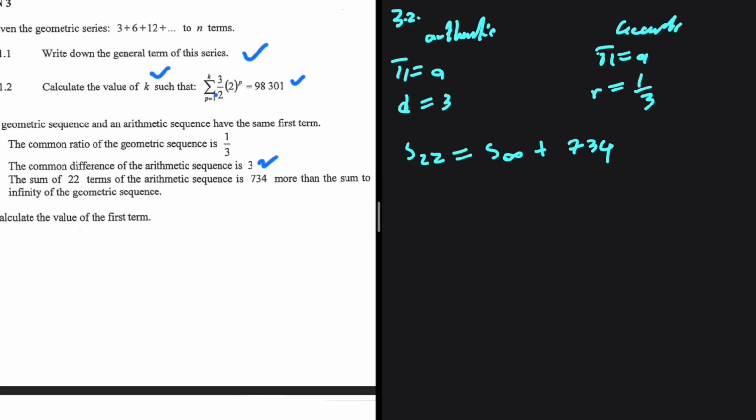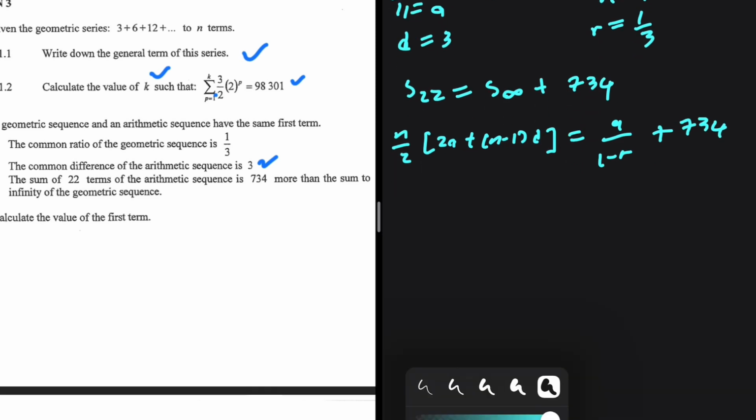Okay, but what is the sum of an arithmetic series? We have n divided by 2 multiplied by 2a plus n minus 1 multiplied by d. And then the sum to infinity is a divided by 1 minus r, plus 734. Okay, let's go ahead and substitute. n is equal to 22.